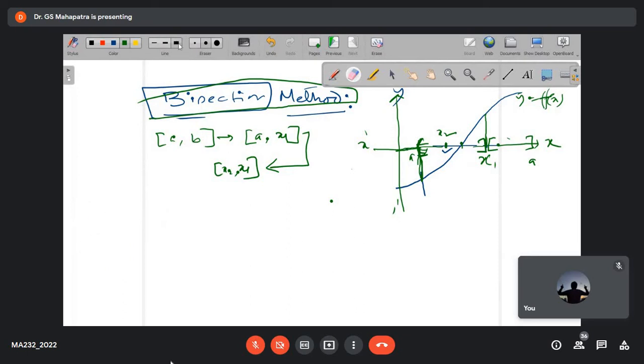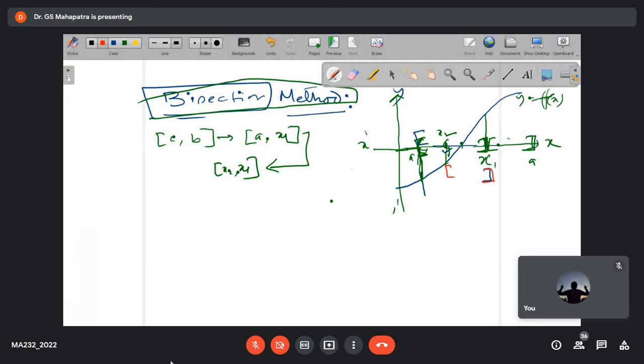Now you just see the interval. This is the interval. From here to here, what have you noticed? The initial interval was this one. Next it was reduced to this one. I will use a different color. Later it reduced to this one, and now the new interval is this one.